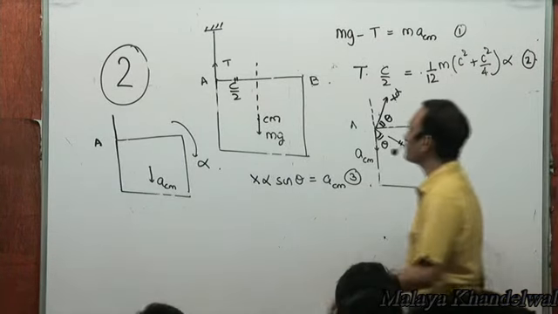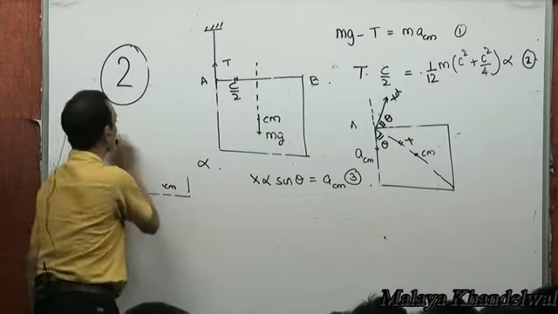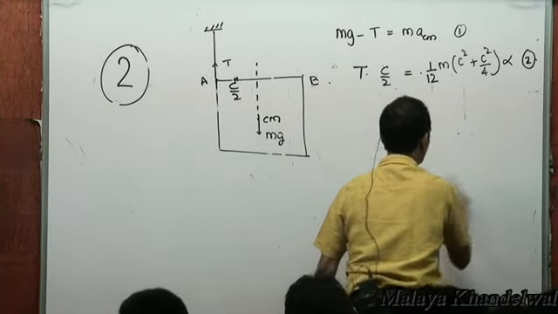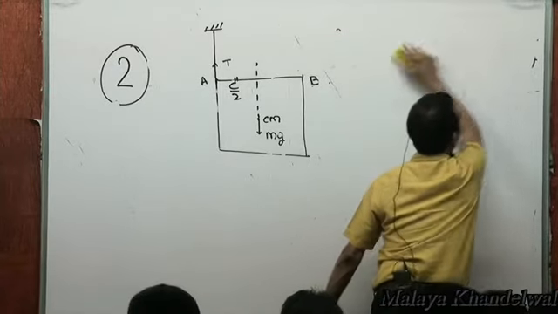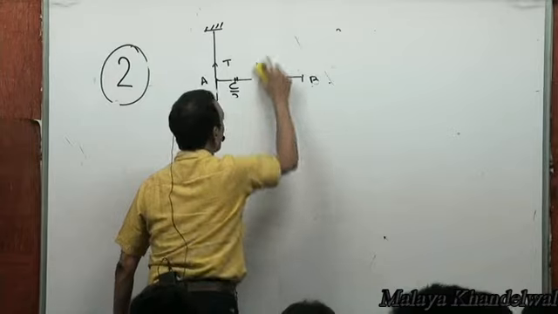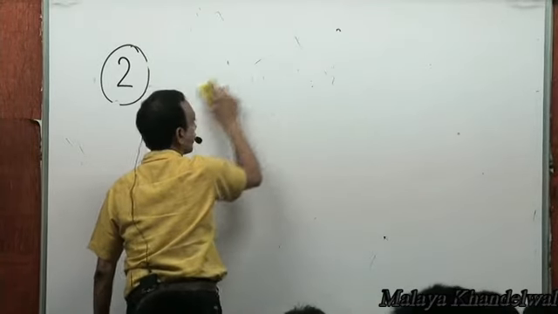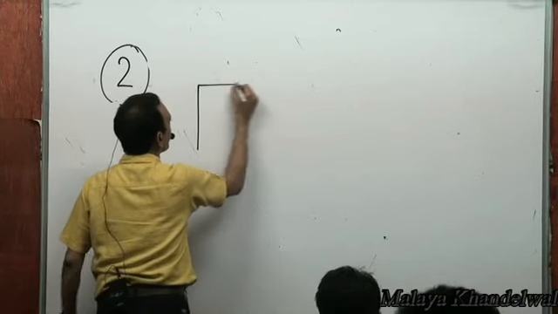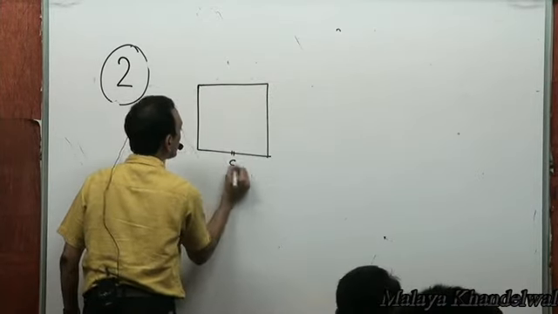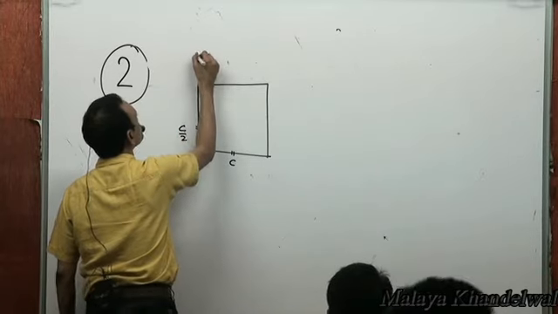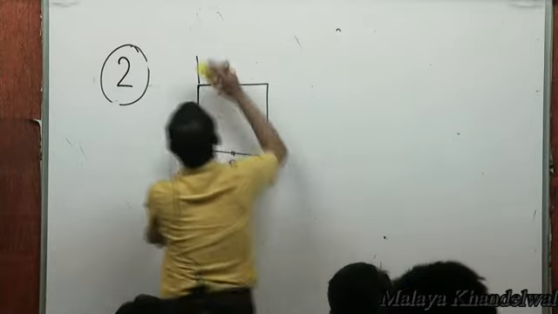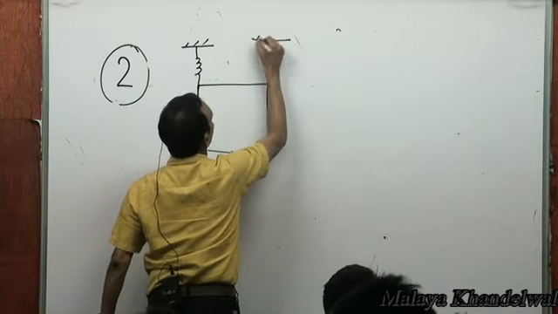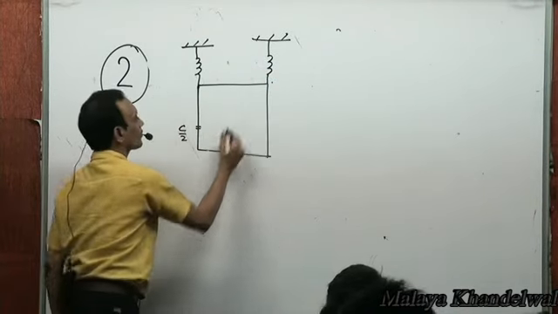Okay. Last part of the problem, which is a spring. Can I wipe this off? So the last part of the problem is these two springs, mg.